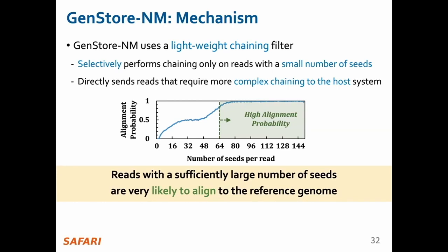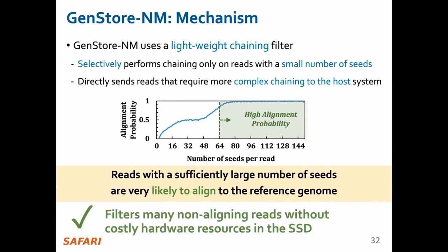Basically, in a nutshell, there is no point in having a bulky accelerator to work with reads that have many seeds, because these reads in all likelihood would not be filtered. So we conclude that the selective lightweight chaining approach can filter many non-aligning reads without costly hardware resources in the SSD.